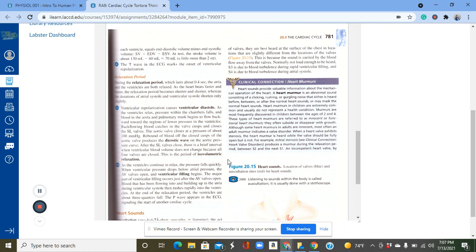And isovolumetric relaxation is basically when the ventricular pressure drops below the diastolic aortic and pulmonary pressures, and the aortic and the pulmonary valves close, which produces the second heart sound. And I think this marks the beginning of the diastole.